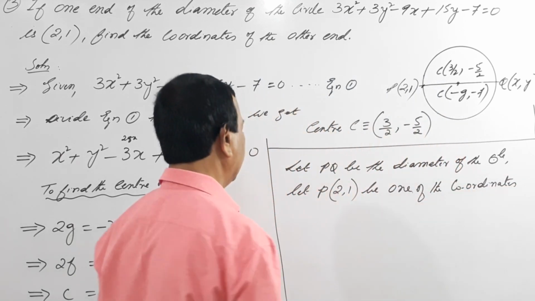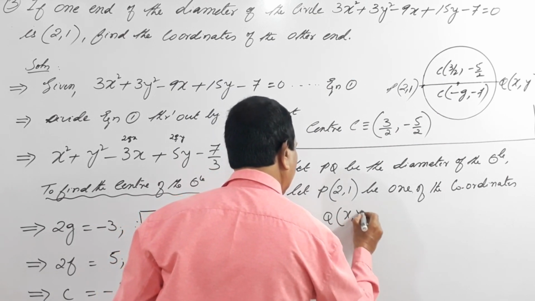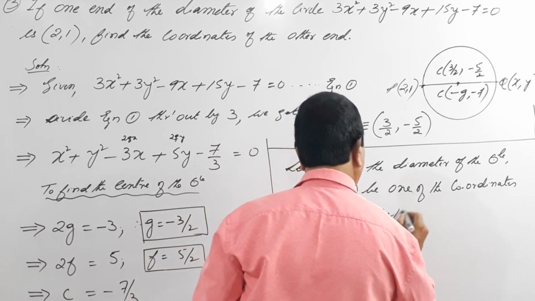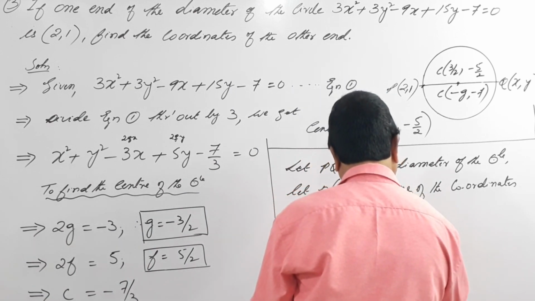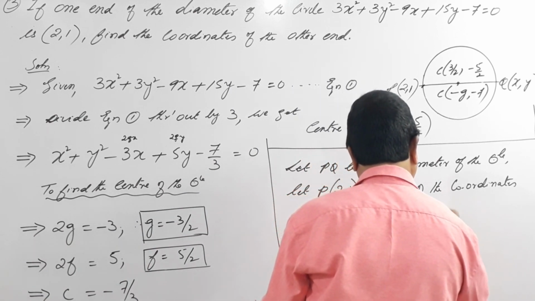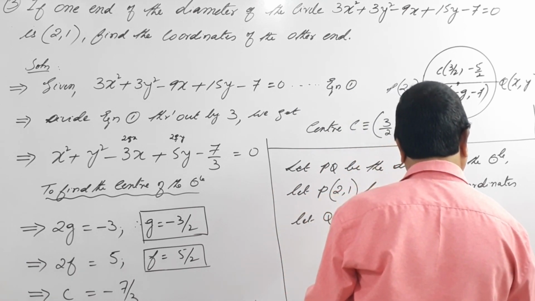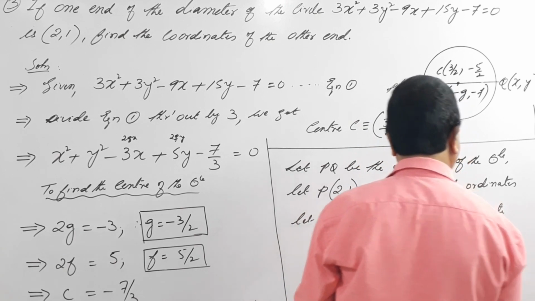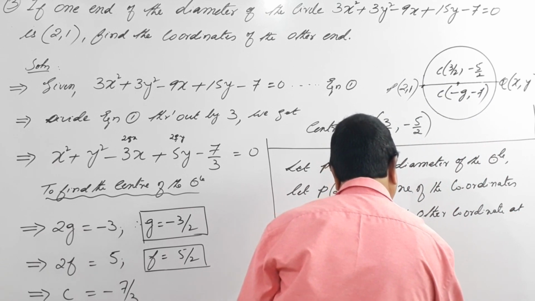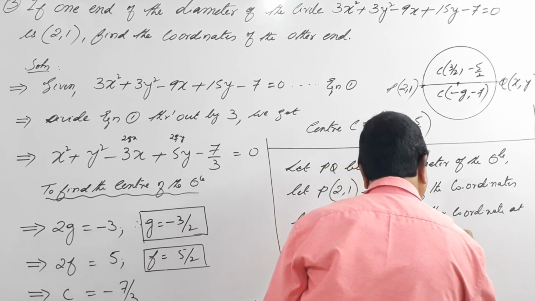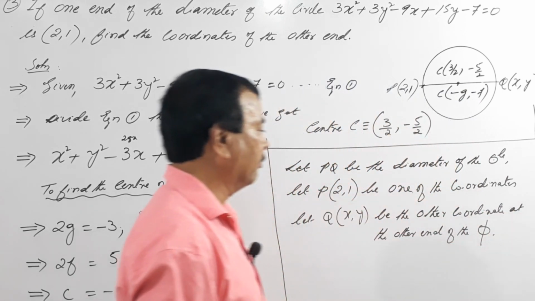Let Q x, y be the other coordinate, at the other end of the diameter. This is the diameter. Okay, the short form of diameter is this.